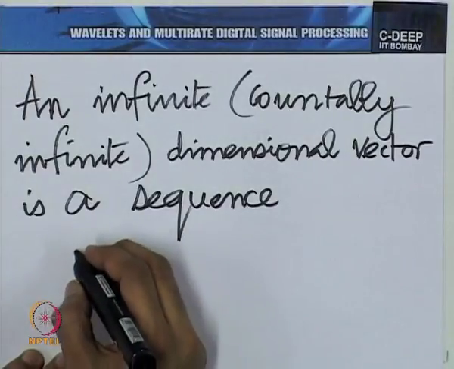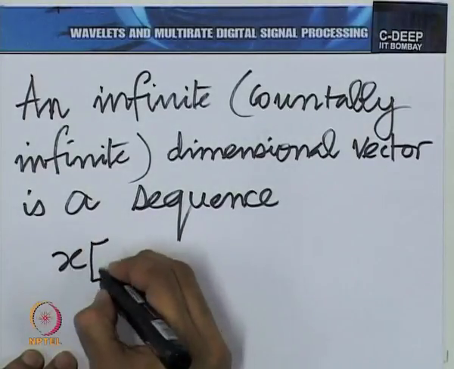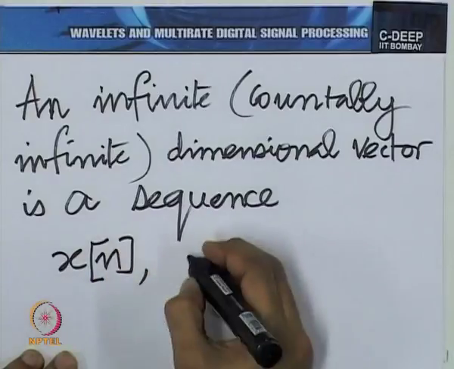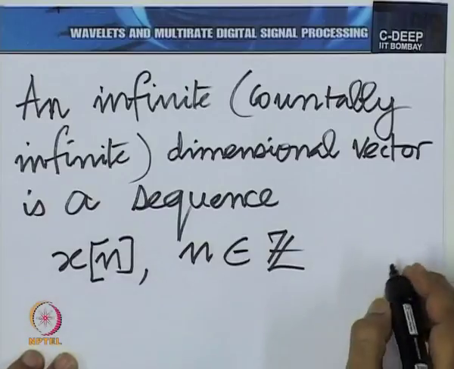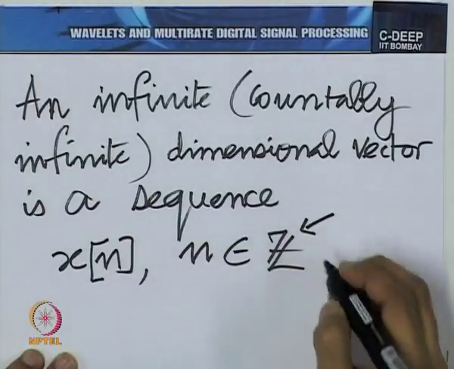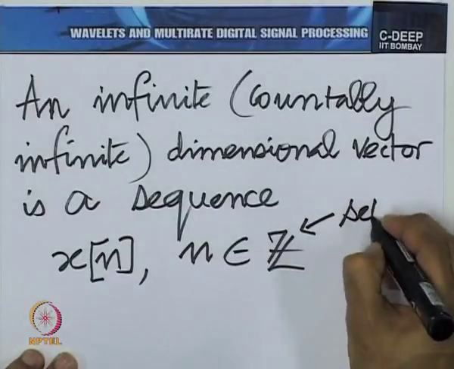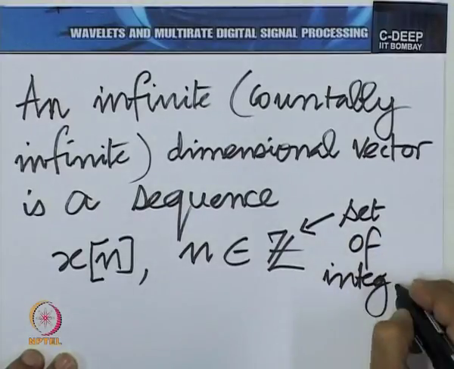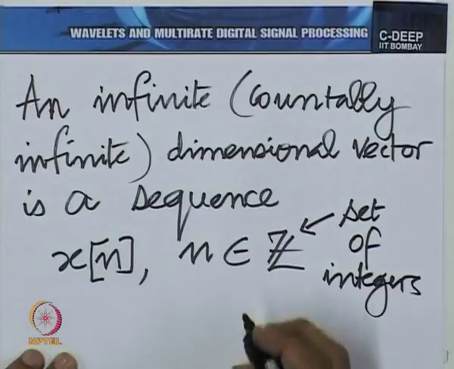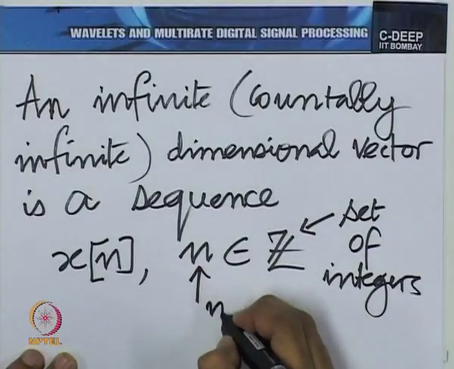So, for example, we have a sequence x of n, where n belongs to the set of integers. Recall that this script Z is a representation of the set of integers, and this is called the index variable.